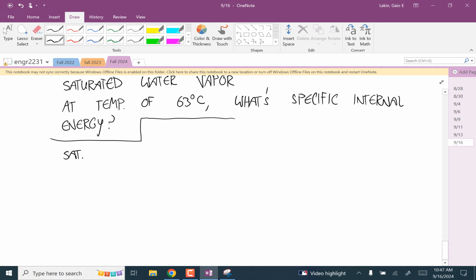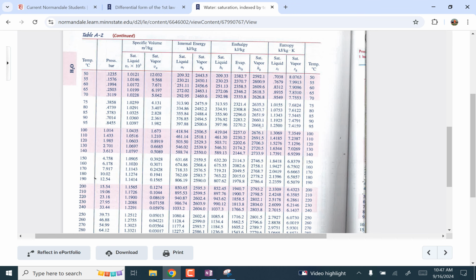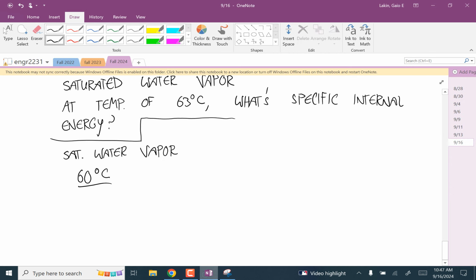So for saturated water vapor at 60 degrees Celsius, we have a specific internal energy of, skip over the saturated liquid, 2456.6. That's kilojoules per kilogram. So 2456.6 times 10 to the third joules per kilogram.